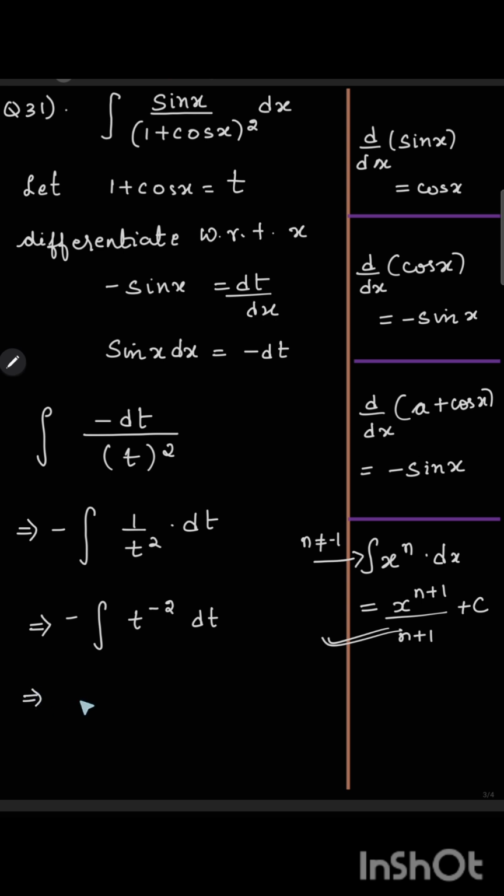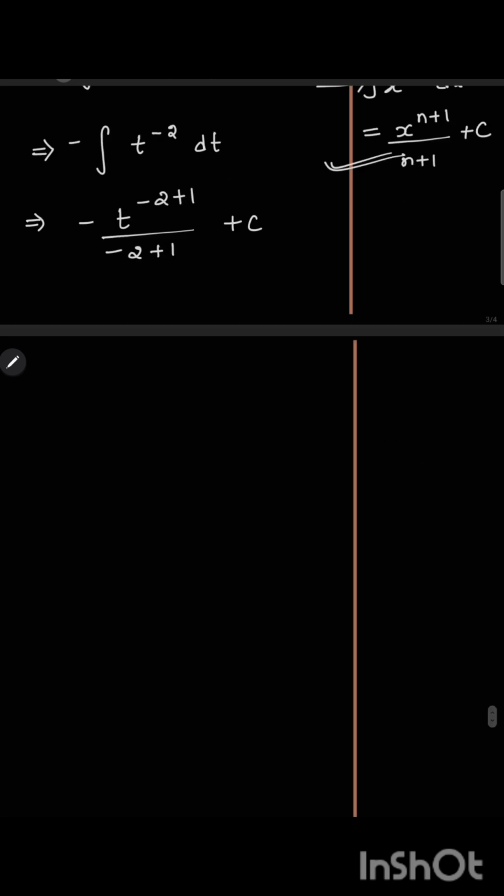Now this implies minus t to the power of minus 2 plus 1 divided by minus 2 plus 1, plus c. So minus t to the power minus 1 divided by minus 1 plus c. Minus times minus will be plus, so we will get t to the power minus 1 plus c. t to the power minus 1 is 1 by t.